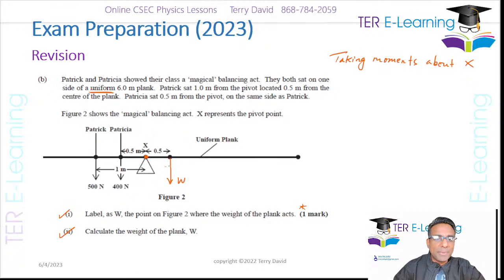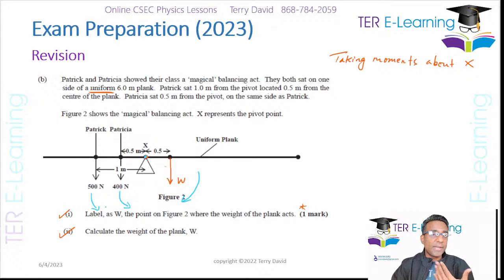So picture what is happening if I were to rotate about the pivot. W is going to do this, so you can put in these little lines here to understand what's happening. The 400 Newton is going to rotate this way, and the 500 Newton is going to rotate this way.